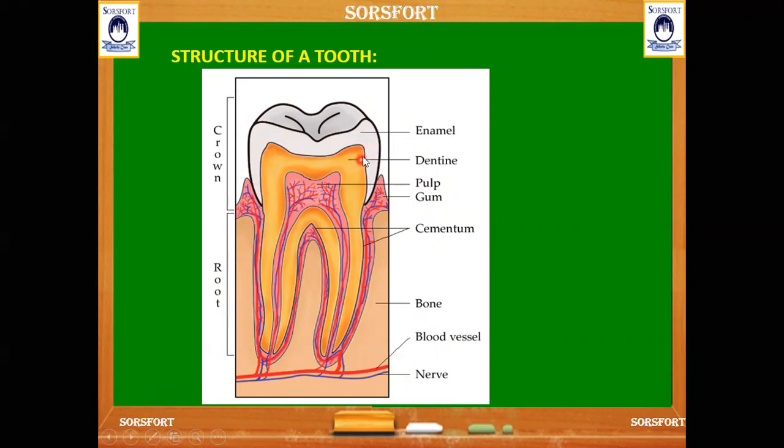The crown is the topmost part of the tooth, which is visible to us when we open our mouth or when we laugh. We can see the teeth. For many we say teeth, and for a single one we say tooth.